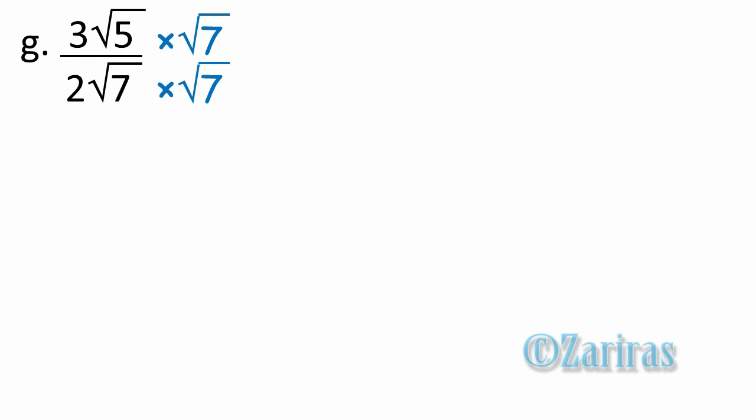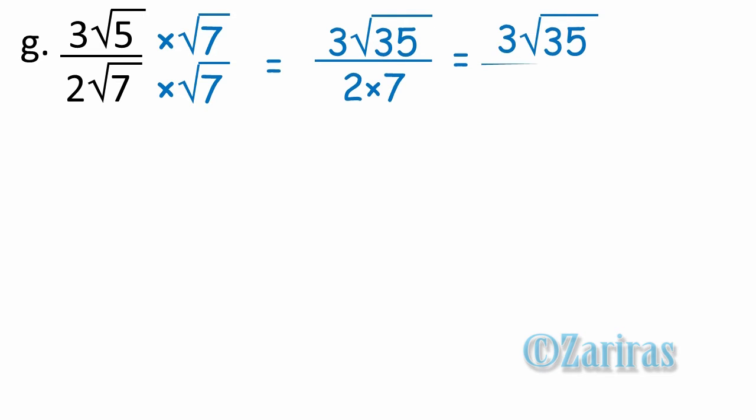So in the numerator the surds will be multiplied together, 7 into 5 we get 35, and 3 into root 35 will be the numerator, and in the denominator 2 root 7 into root 7 became 7, 2 into 7. So we get the final answer as 3 root 35 over 14.